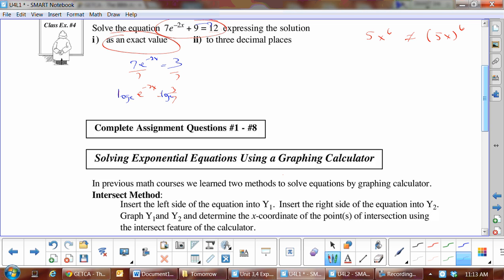Okay? Why is that so convenient for me? That just means I got negative 2x equals log e 3 over 7. Yep.